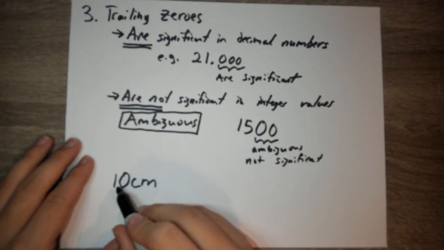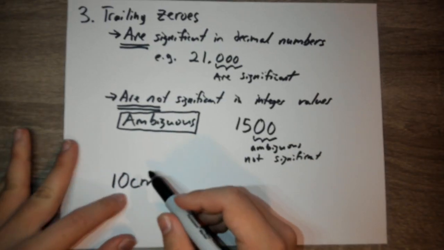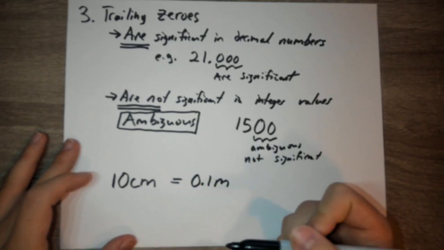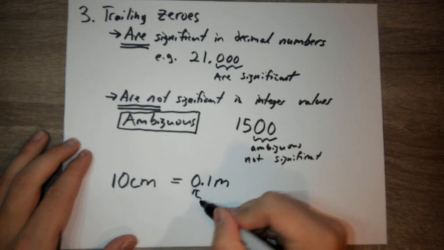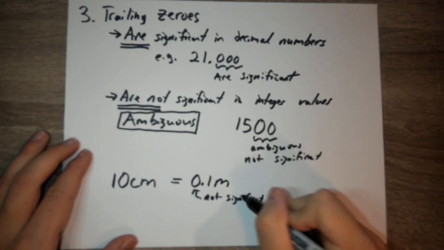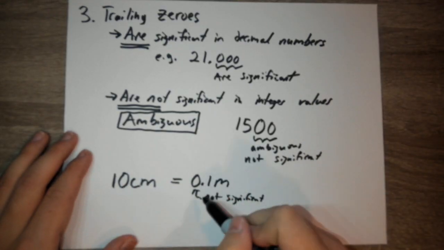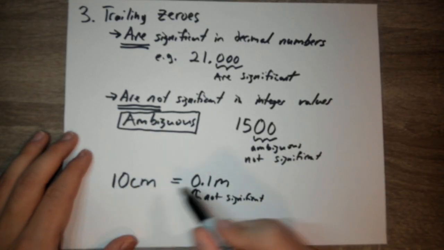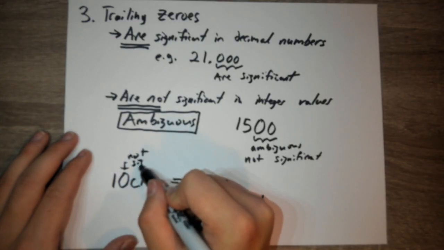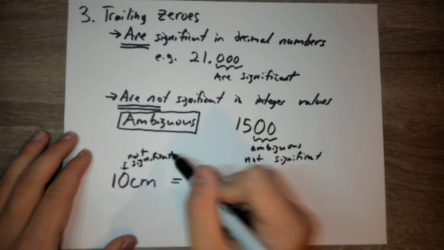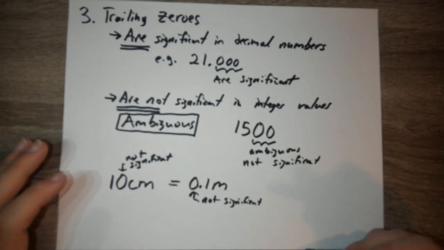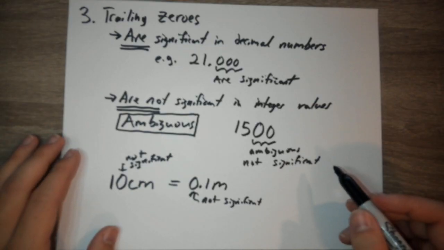So if you could write this 10 centimeters as 0.1 meters, right? And as we've established, these are not significant, but this is just converted from this. So this is also not significant in that case, because it has nothing to do with the precision of the measurement. It's just telling us the scale of our measurement.